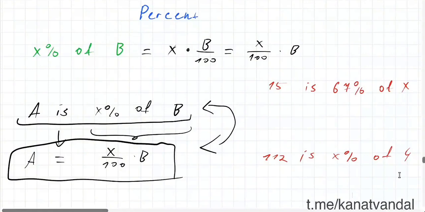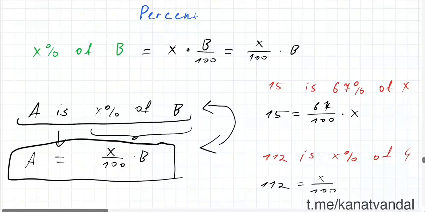You can already answer these because you recognize this phrase and translate it into the following equation. Here I use this equation and write 15 is equal to 67 over 100 times x, and this is an equation where I can find the value of x. And the same story works here: 112 is equal to x over 100 times 4.